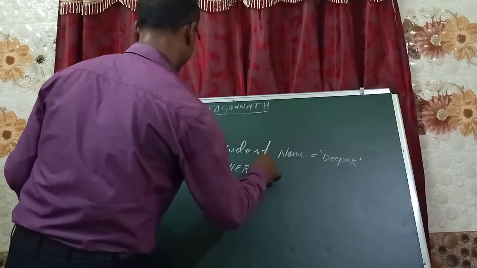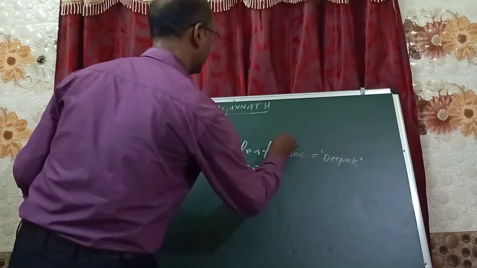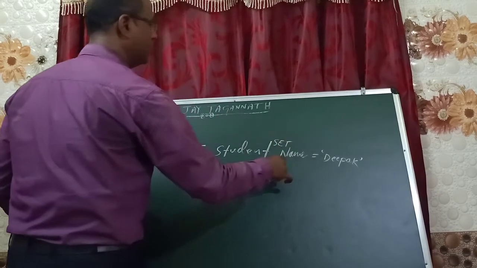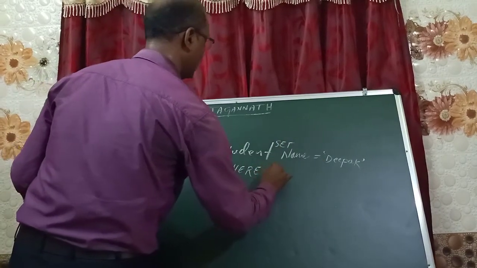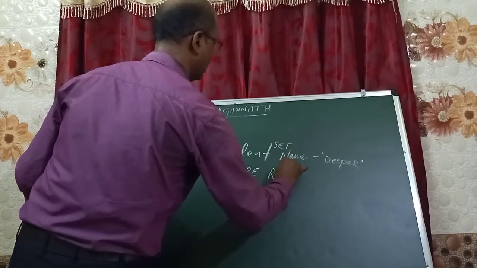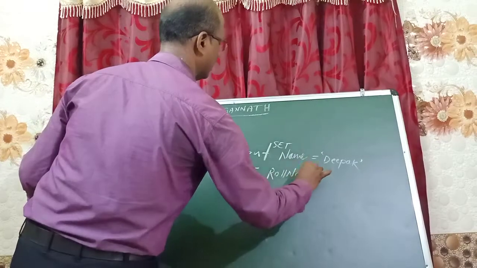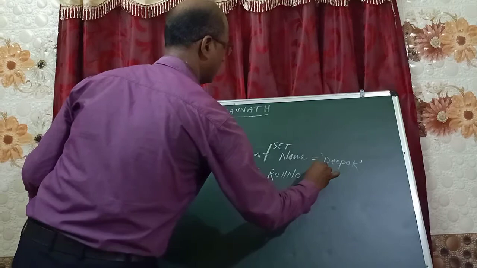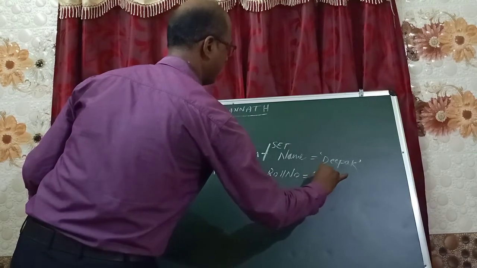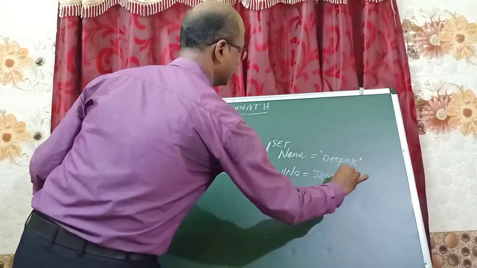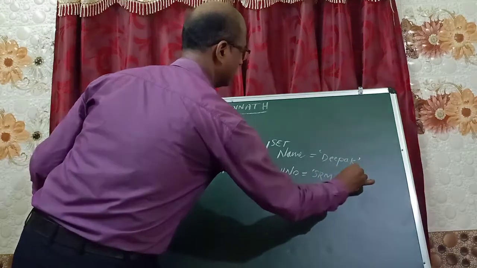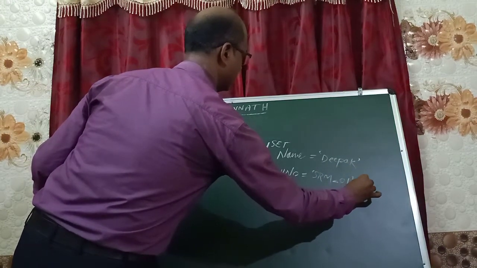Here we missed the set keyword. Update student set name equal to Deepak, where roll number equal to SRM 01, semicolon.